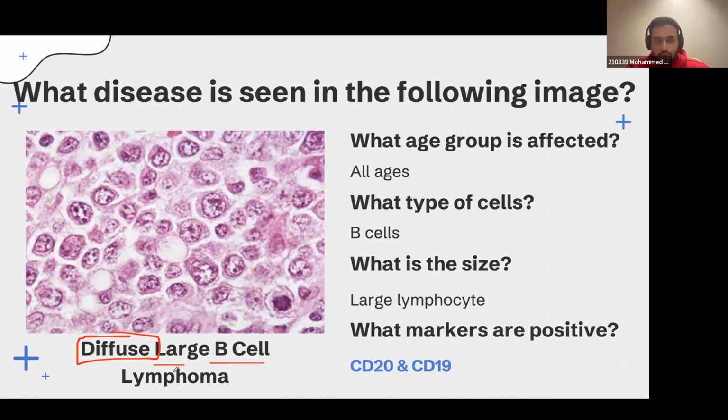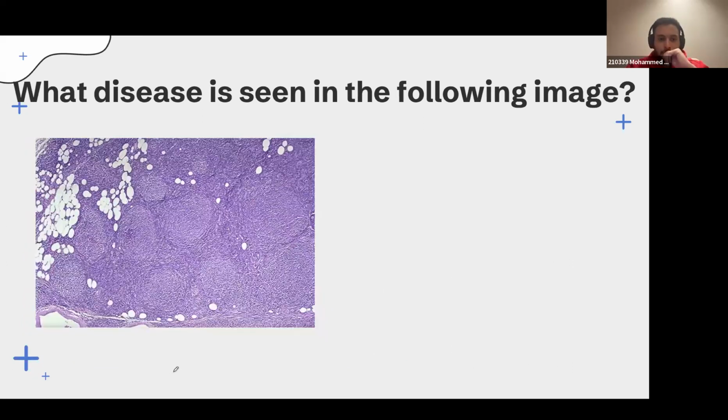Okay, simple. Now, can you tell me what disease is seen in this image? Follicular. Is it hyperplasia or lymphoma? Lymphoma. Okay, good.